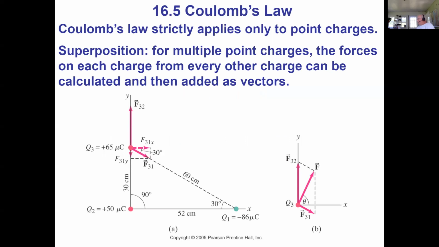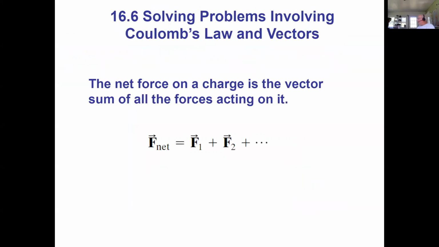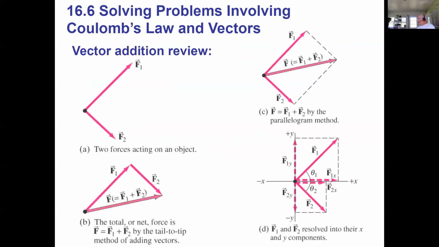But it is a force, and that means we're going to have to pay attention to vectors, a little review of vectors. So when we're adding two forces together, if they're not collinear, then we're going to have to resolve them into components. And so when we add them, we just add x components together and add y components together. So if the original force is not given to us in components, we're going to have to resolve it into components.